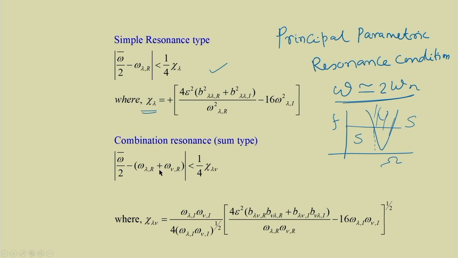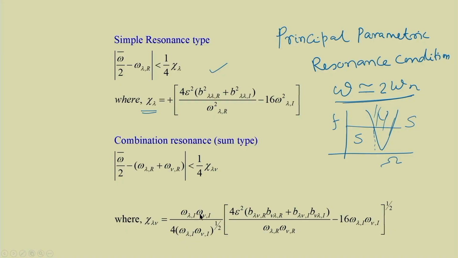That is why this is combination parametric resonance of sum type. This should be less than 1 by 4 xi lambda v, where xi lambda v can be written in this form, with omega lambda I as the imaginary part of omega.